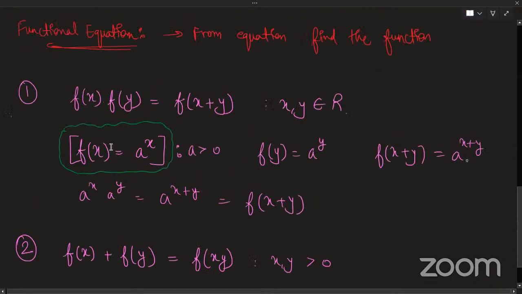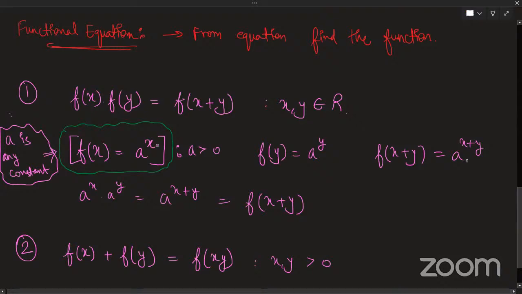See, first of all, did you understand this? Everyone understood this, right? f(x) into f(y) is equal to f(x+y). So you take f(x) is equal to a raised to x, where a is any constant. You can put it manually also.